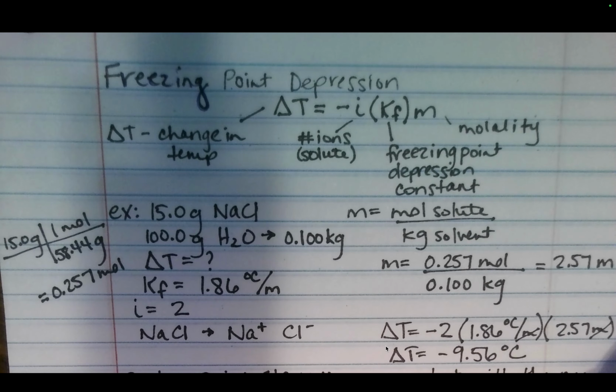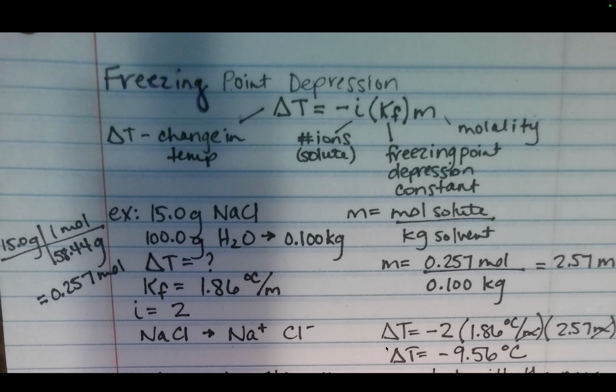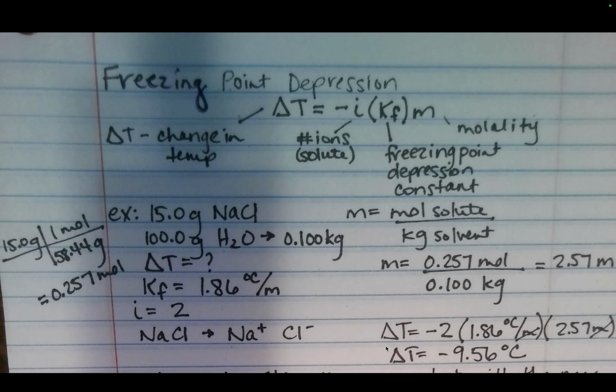What will the new freezing point be? You would take your original freezing point, which would be 0 degrees Celsius for water. Use this delta T. You would get negative 9.56 degrees Celsius.